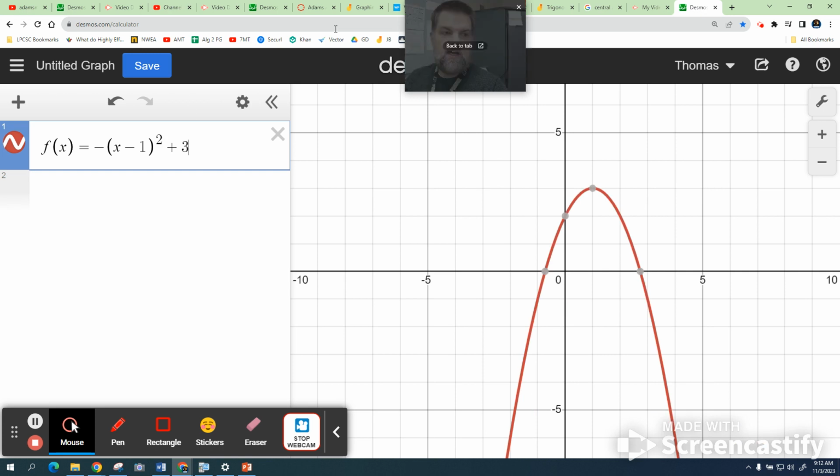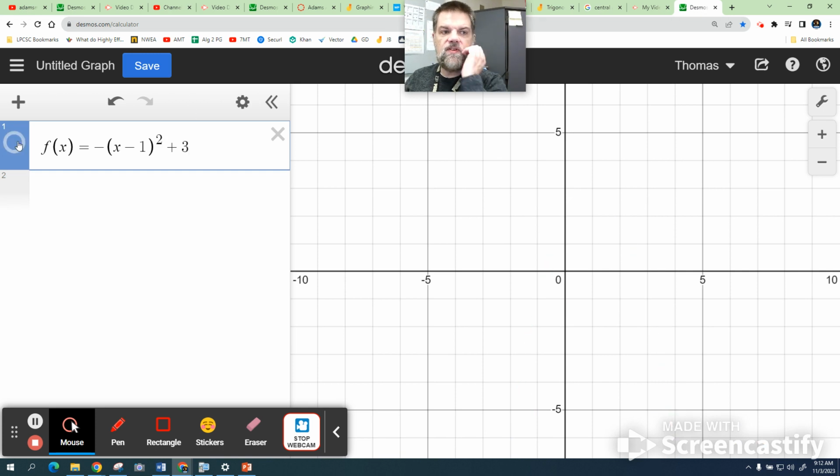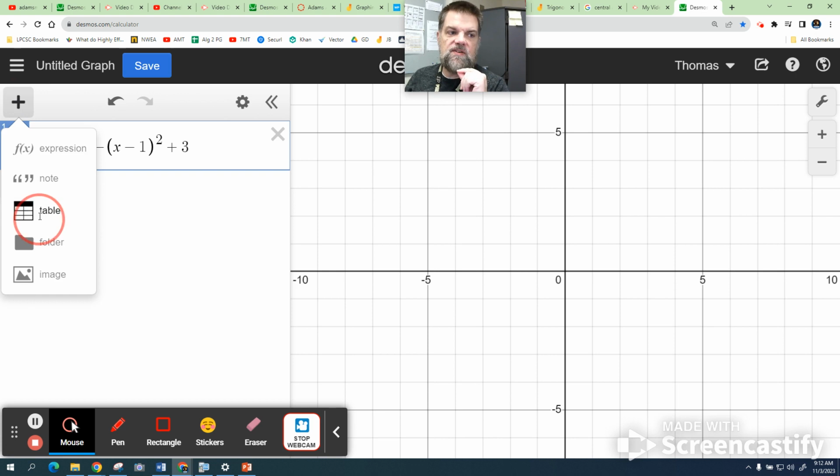And then what I want you to do is just turn off the graph. So when you click on this, just turn off the graph. Now, Desmos will actually, and I'm showing you this because maybe on the test I'm going to ask you to calculate the table of values. Go ahead and hit the plus sign now and enter the table.